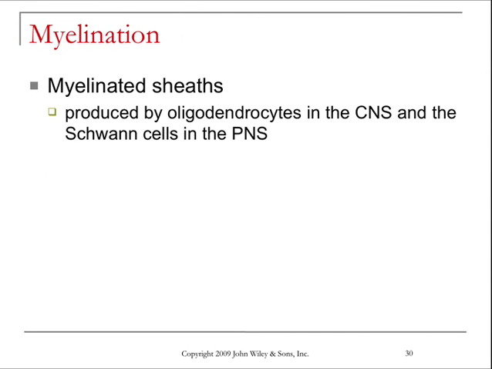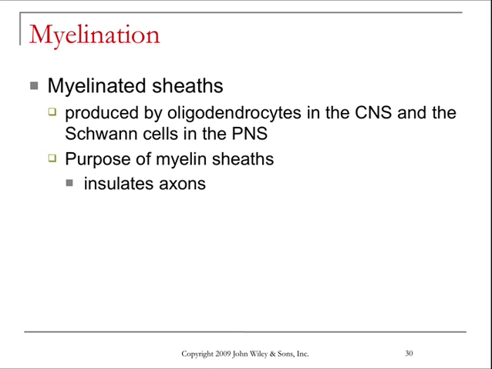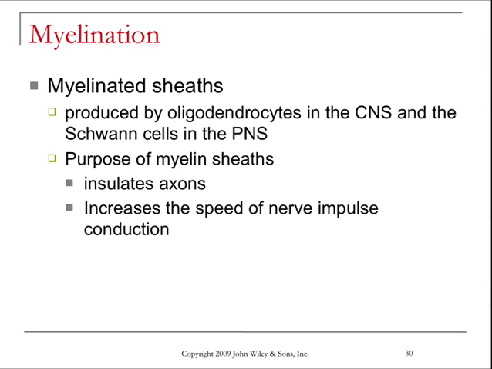So these myelin sheaths, in summary, are produced by oligodendrocytes in the central nervous system and the Schwann cells in the peripheral nervous system. The purpose of myelin sheaths is to insulate the axons and to increase the speed of nerve impulse conduction down the length of the axon.